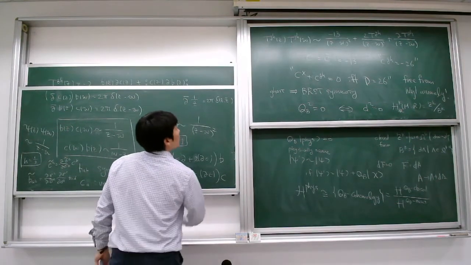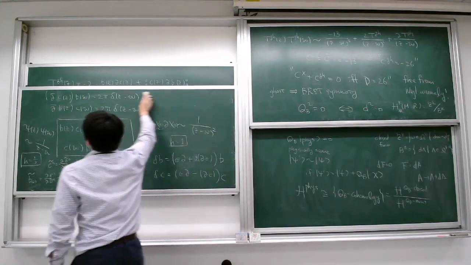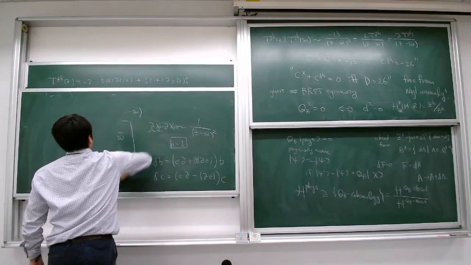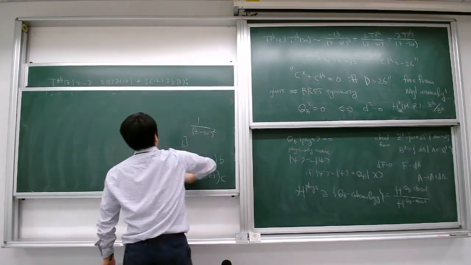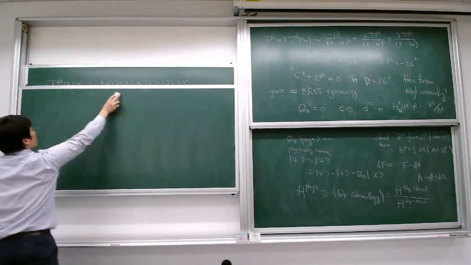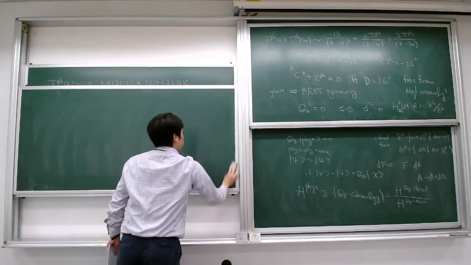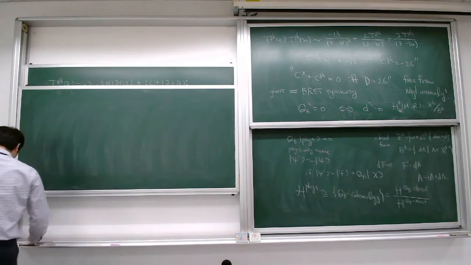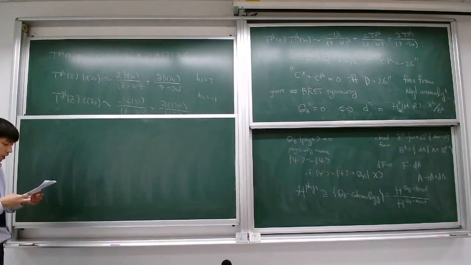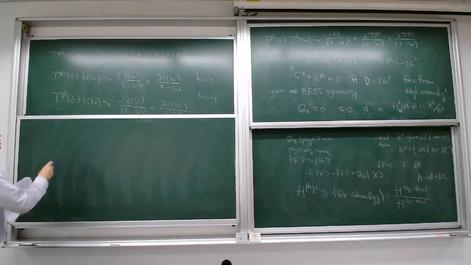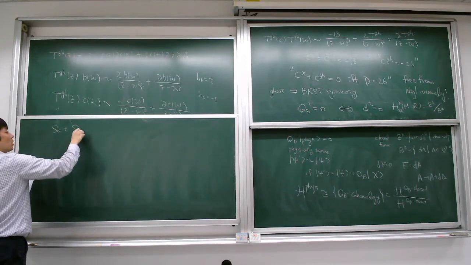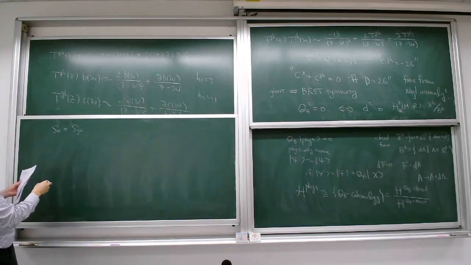I'm not sure if I include this one, but indeed, the actions S sigma plus S ghost, which should I write down?